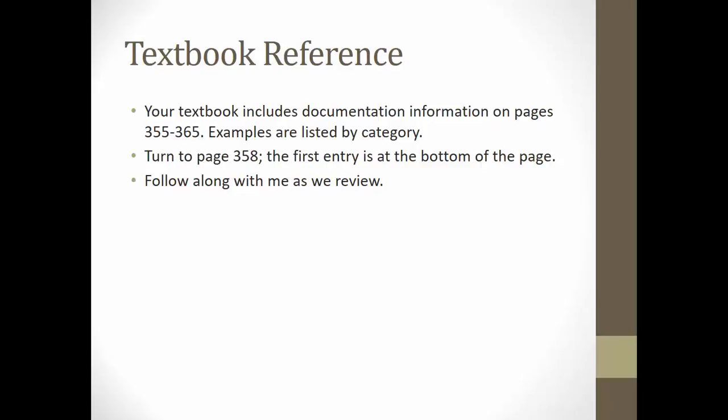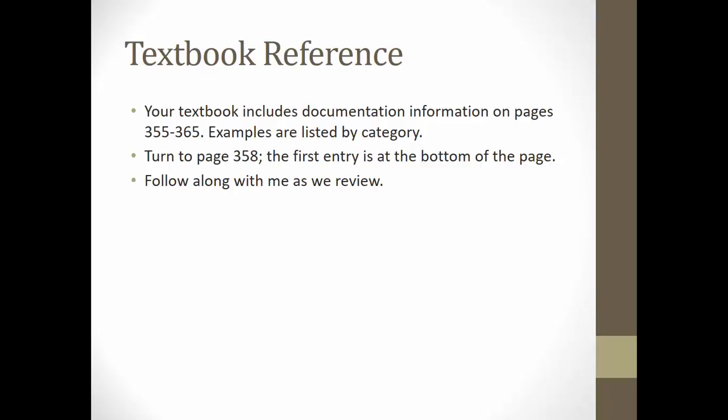If you'll turn over to page 362, at the bottom of 362, there is an article in an online newspaper or magazine, okay? And in that one, you're going to want to star that. You're going to need that one, okay? Article in an online newspaper or magazine.